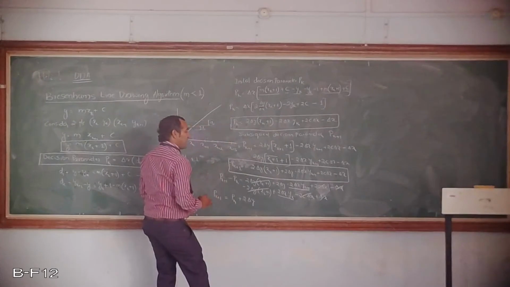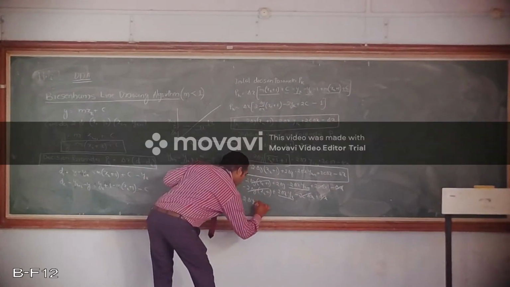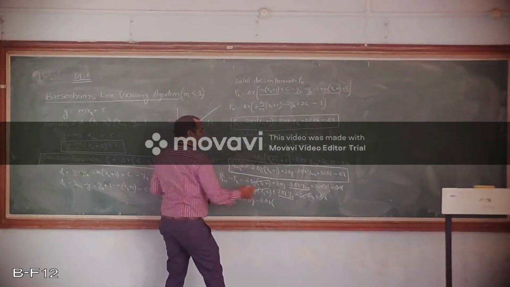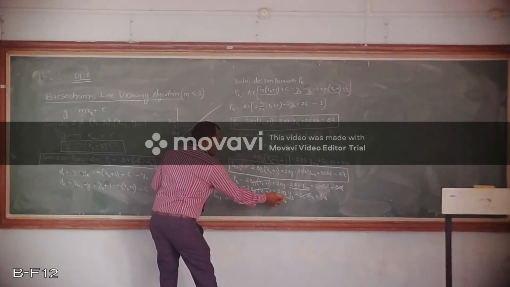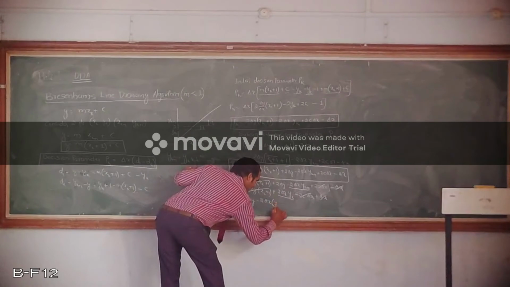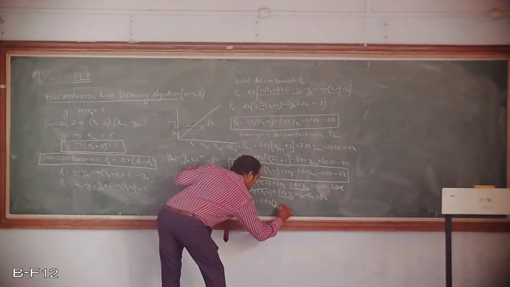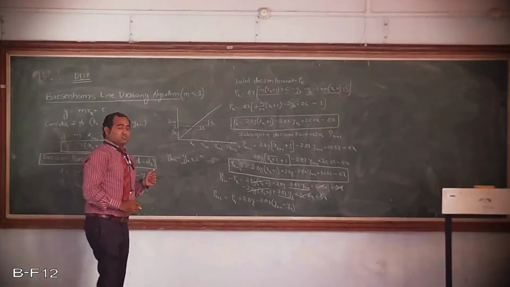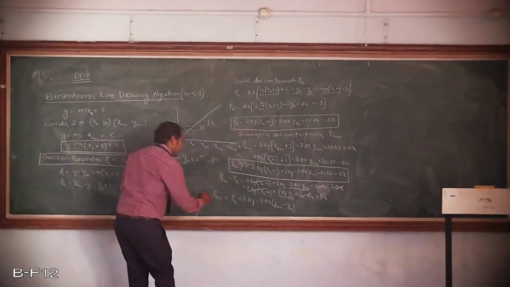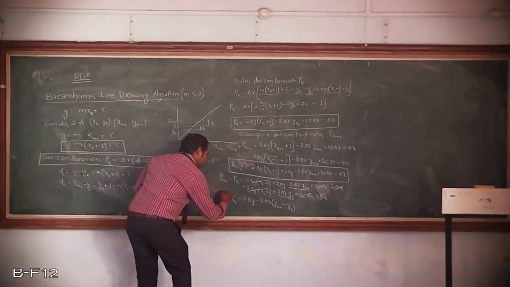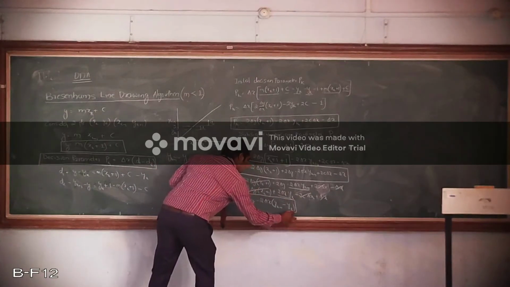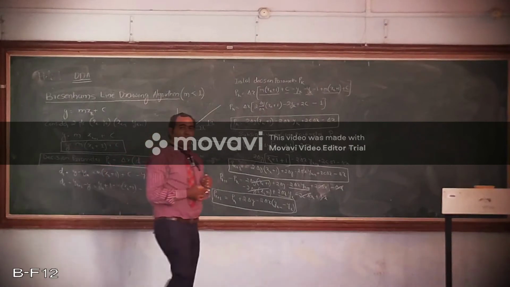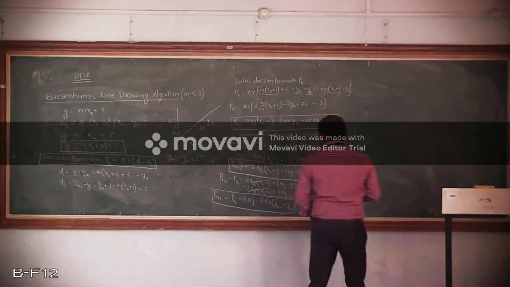Okay, from this I can take minus 2 delta x common, then yk plus 1 and yk. This is yk plus 1 minus yk. So this is the subsequent decision parameter pk plus 1.